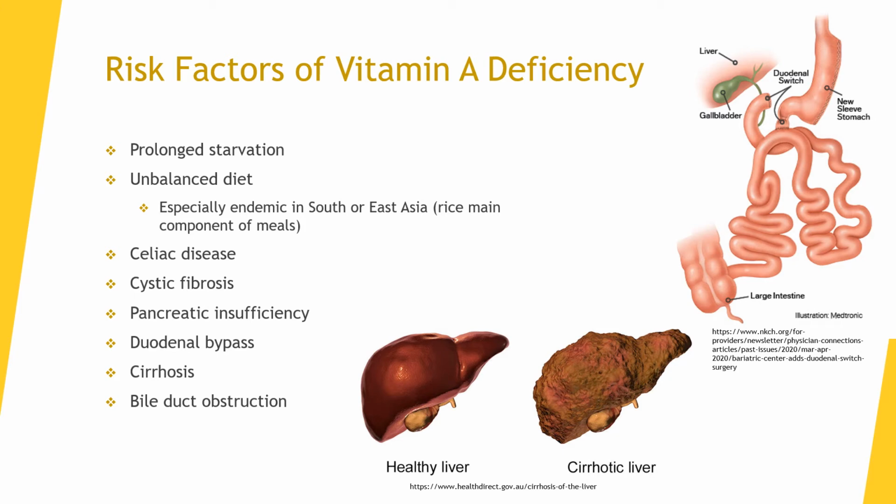Connecting the stomach directly to the small intestine would bypass all of that and prevent a thorough digestion of vitamins for proper absorption. Cirrhosis that impede the flow of bile into the GI tract, and bile duct obstruction for the same reason.